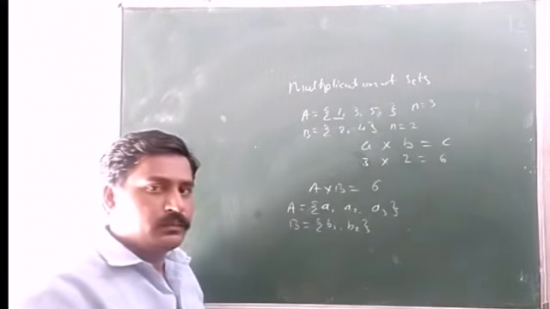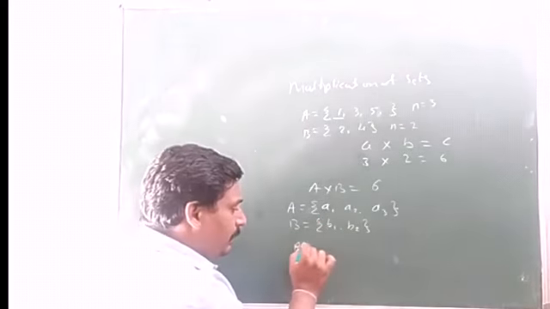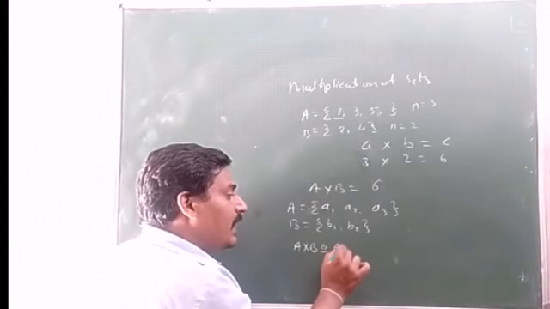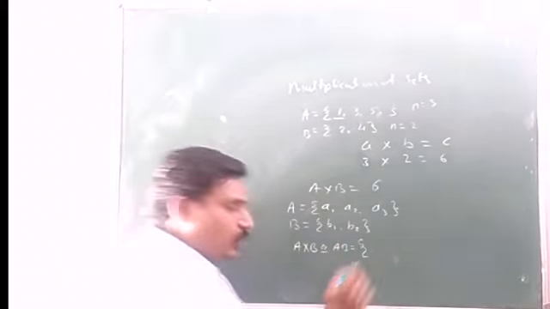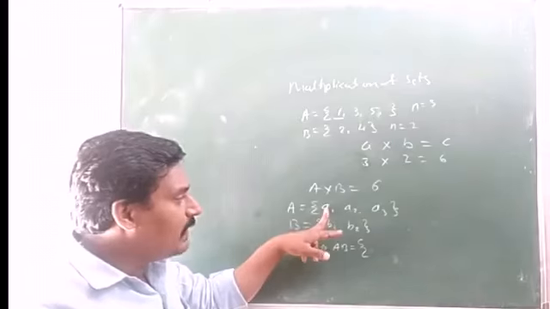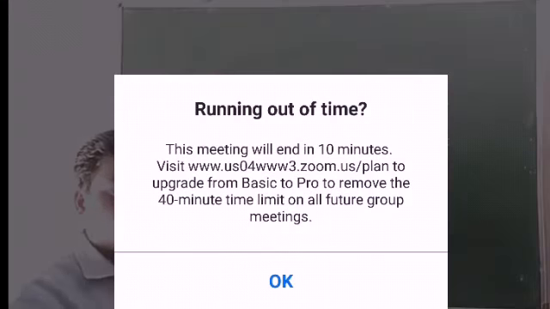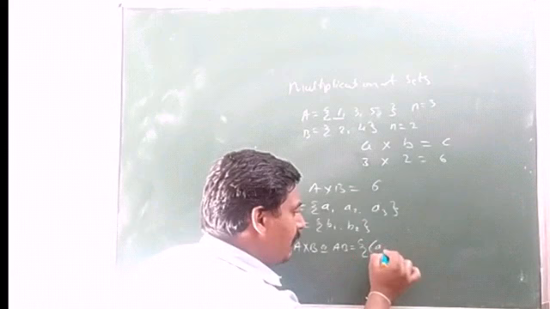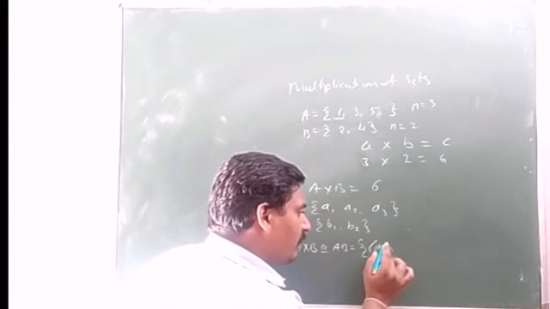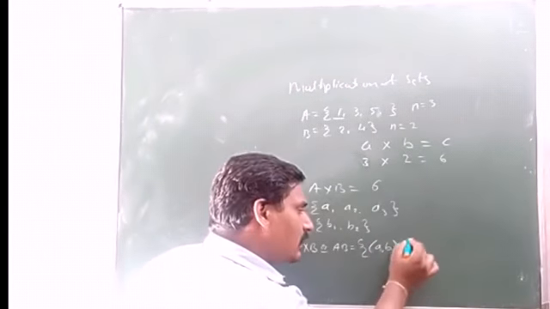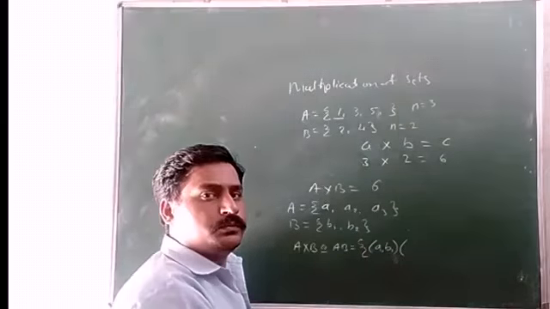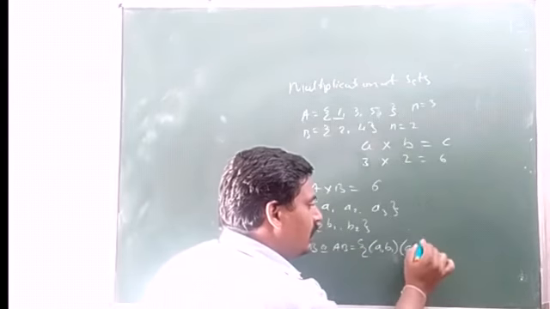Then A into B, or AB, is equal to A1 with both. That we write as (A1, B1), then (A1, B2).